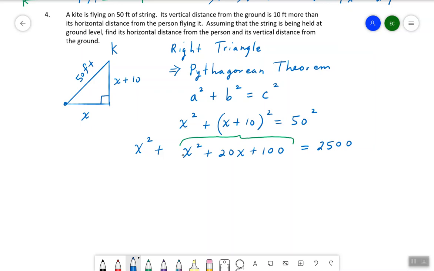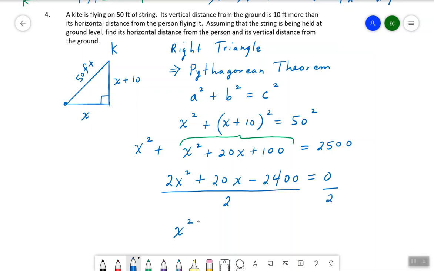And now we can combine x squared plus x squared is 2x squared plus 20x. Could we just go ahead and subtract the 2500 over and get 100 minus 2500 is minus 2400. And now we've already got our equation set equal to 0. We can divide off a common factor of 2. And we've got x squared plus 10x minus 1200 is equal to 0.